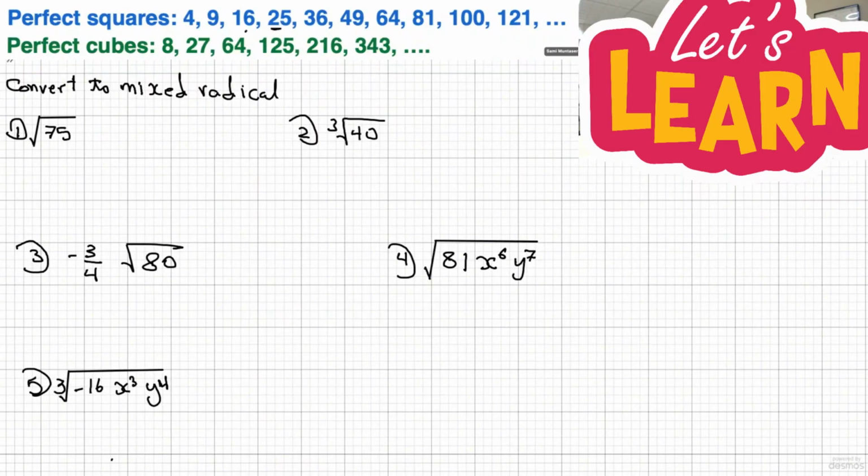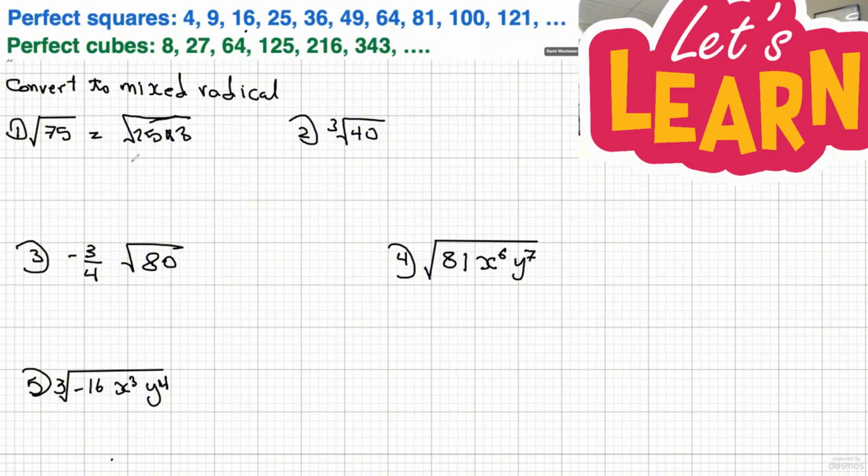So what you need to do is change this number right here to the square root of 25 times 3. It's very important that when you're converting to mixed radicals, you change it to the square root of a perfect square times a number that is not a perfect square.